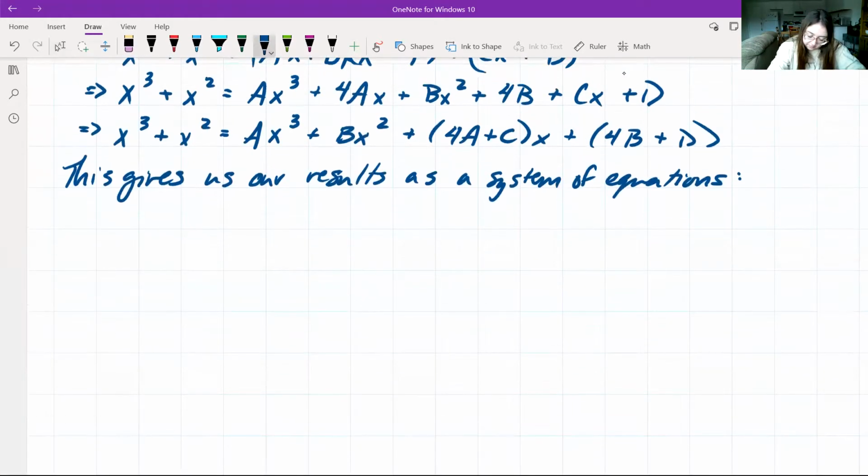So, there you go. Using our system of equations, this means that a has to be equal to 1.